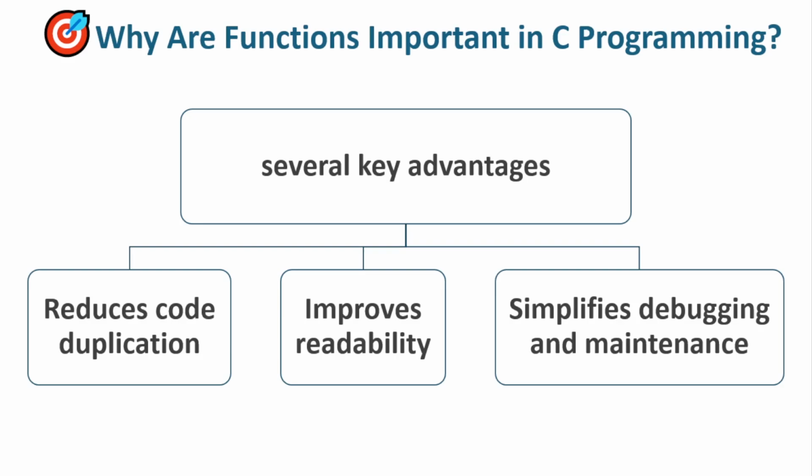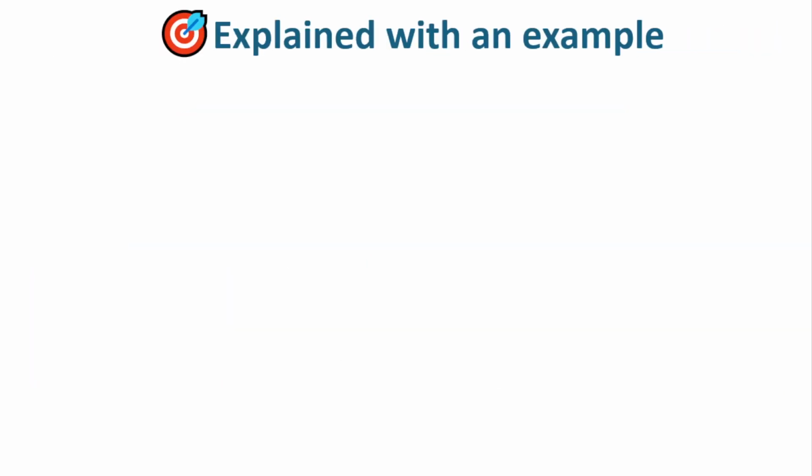There are three standard ways to define and use a function in C. The third method is the most powerful and professional and is widely used in real-world embedded applications.